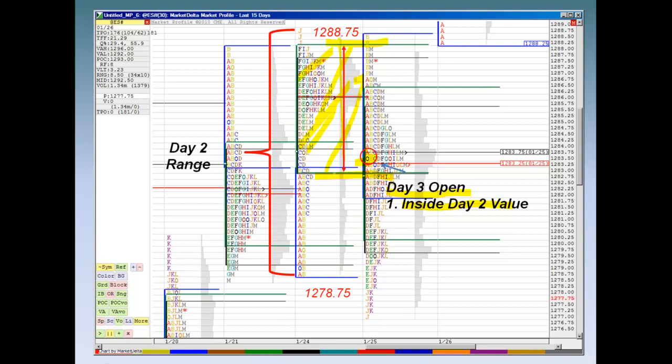Okay, so we begin our analysis since we are there. Is it inside the range? Yes. Do we have an open test drive? Yes, we do. What we have is we dropped down and we found support, and then we started a drive in the opposite direction.